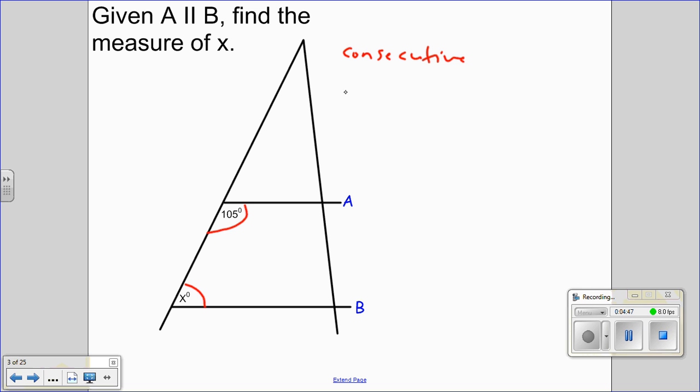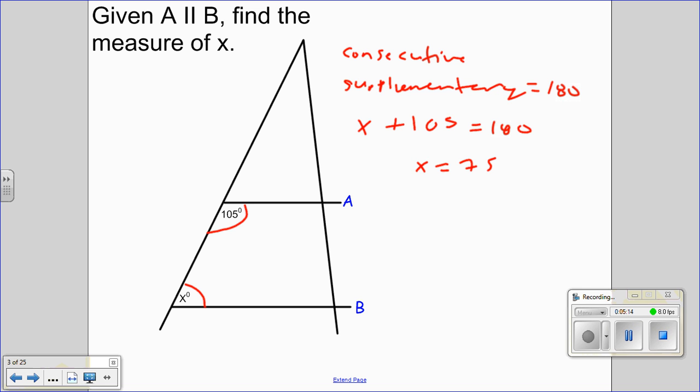And consecutive angles are supplementary, which means their sum will equal 180. In other words, x plus 105 is equal to 180. So if I subtract 105 from both sides, I would get x equal to 75 degrees.